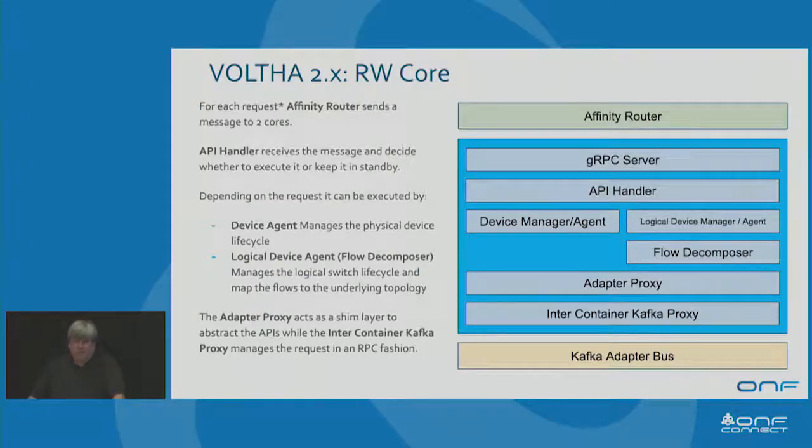So the core has been re-architected a bit. You can see we have the affinity router/API server that's in its own container. This blue part here is the new Voltha core. It has a gRPC server. Beneath that is an API layer that handles the arbitration of which core in an active-active pair will actually service the request.